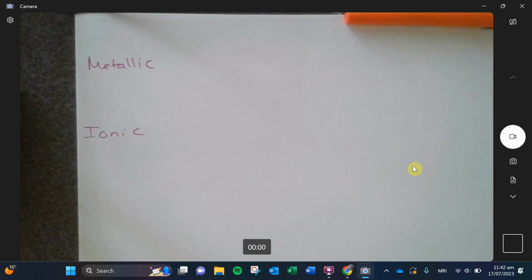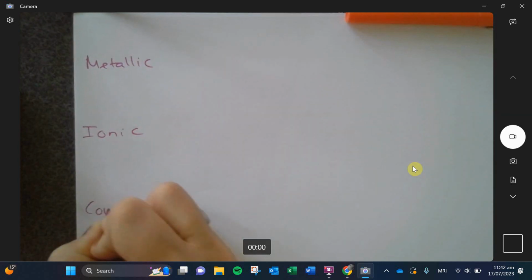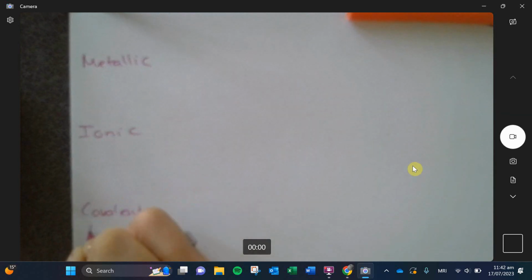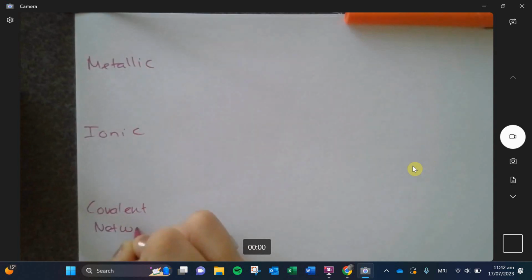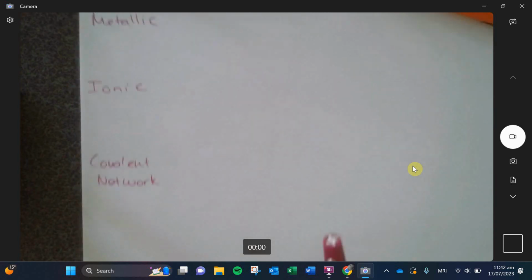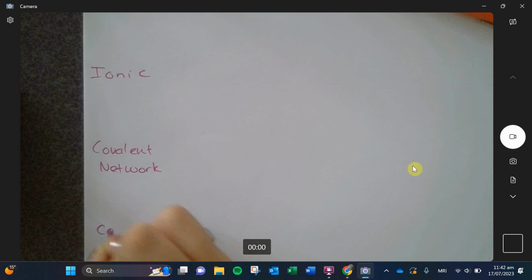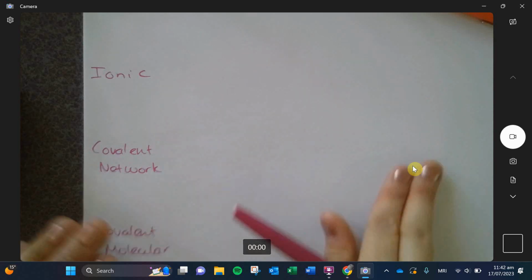Third thing is our covalent network. And the last thing is our covalent molecular. So the first thing we want to work on, these are types of solids.